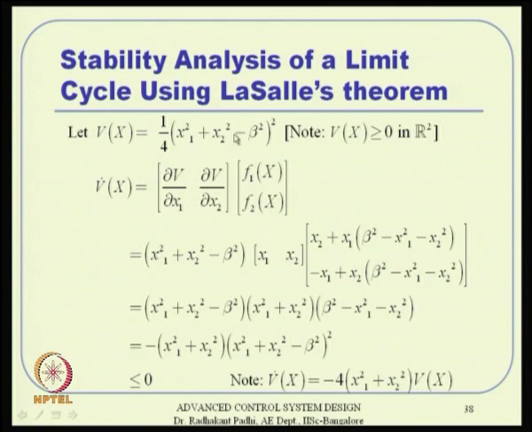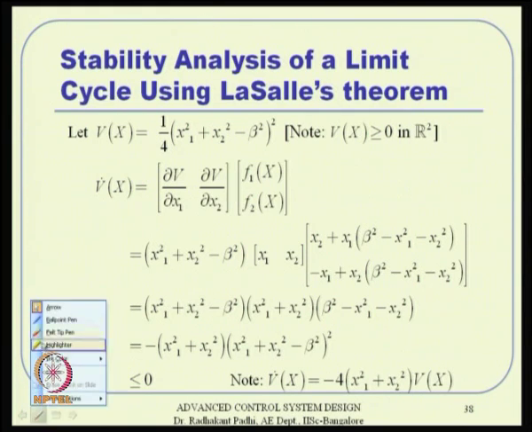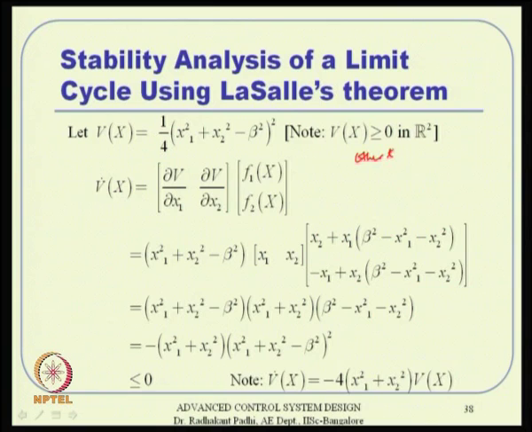So, if I take this particular function, it is not only continuously differentiable, but it is also greater than or equal to 0 as long as we are not on the limit cycle. That is the only condition actually. If you want to be more precise, then V of x is greater than or equal to 0 other than on the limit cycle.